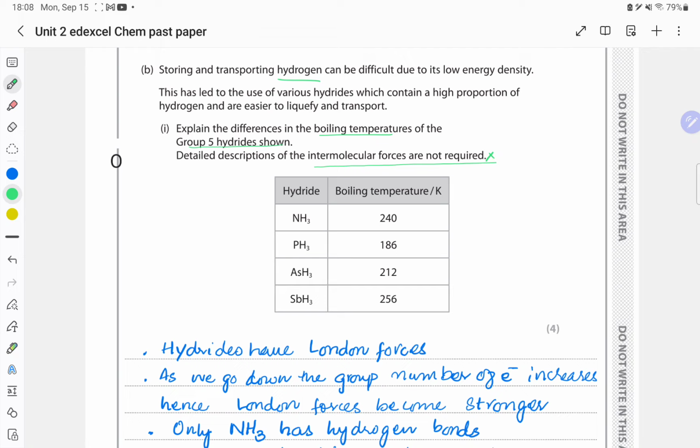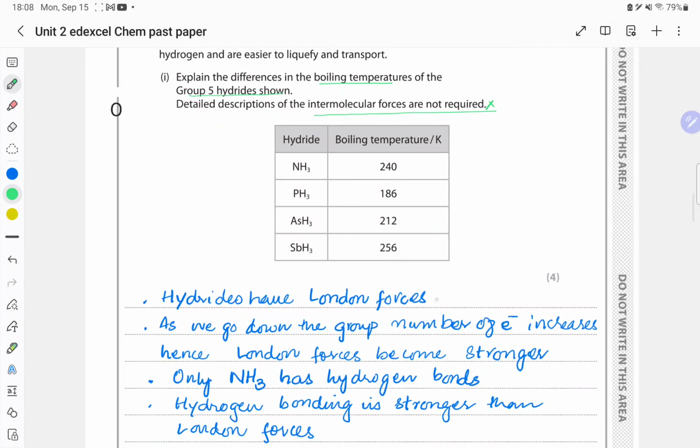So here what you're going to say is that hydrides have London forces, so this is your point 1. Then as we go down the group from nitrogen, phosphorus, arsenic, the number of electrons increases, hence London forces become stronger, because as you go down the group the proton number also increases, hence the electron number is also increasing, and that causes the London forces to become stronger.